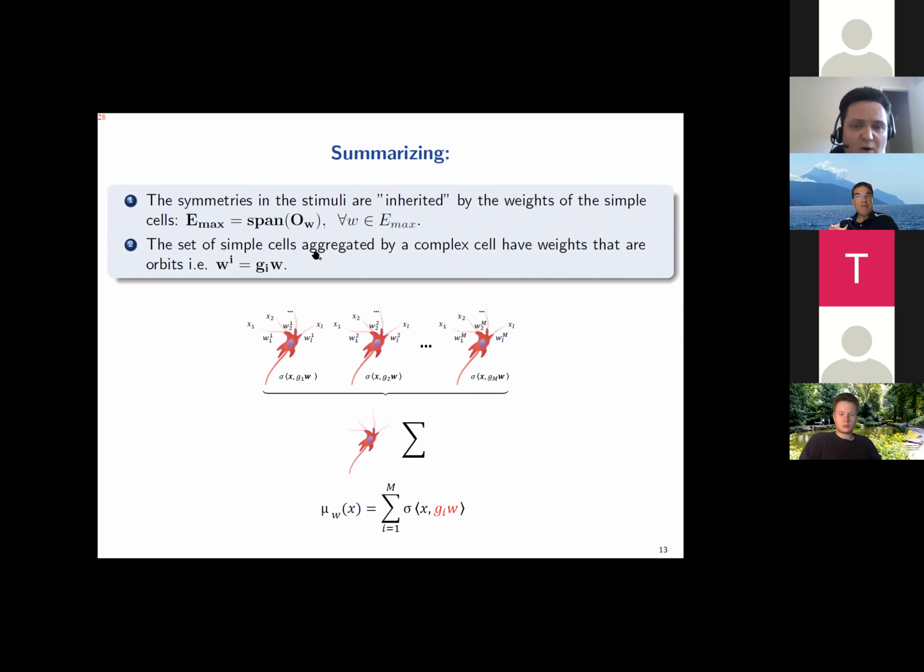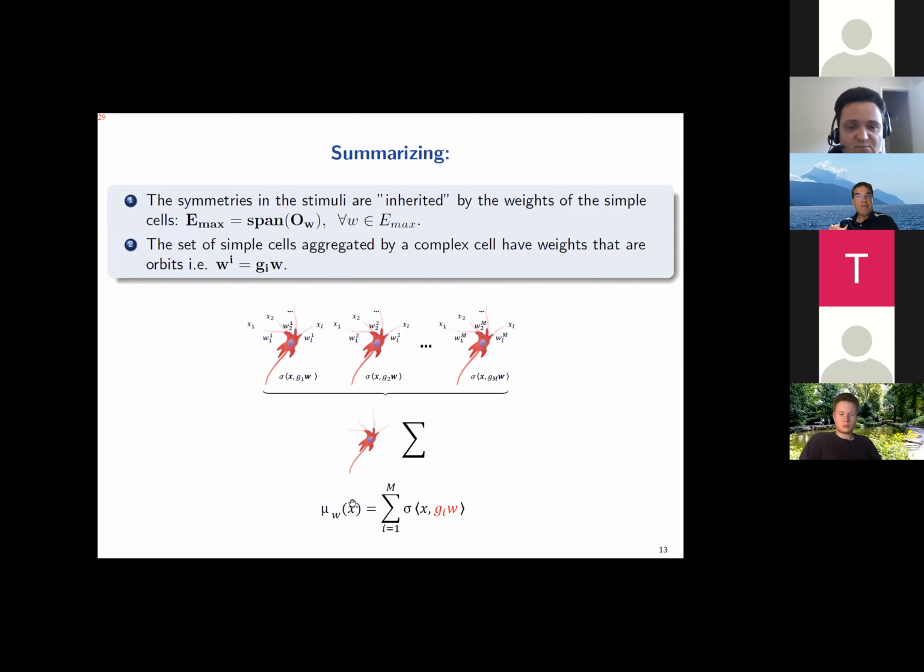And then among these simple cells, the ones that are pooled by a complex cell through this Hebbian principle are orbits. So I can summarize it with a formula and say, well, instead of having a generic omega here, you have an orbit. That is the gist of what I found so far.